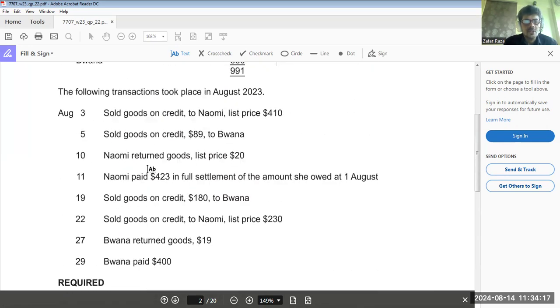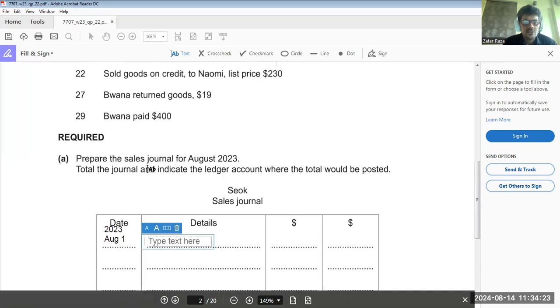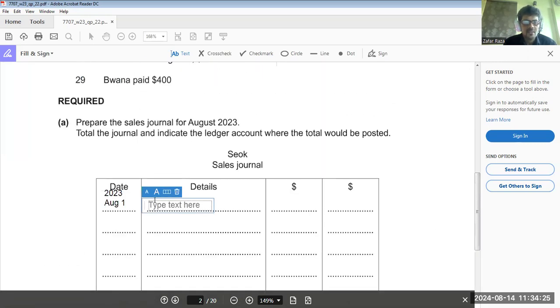Sold goods to Nomi, list price 410. Only Nomi is allowed 10% discount every time. So here we'll write the name of the customer.